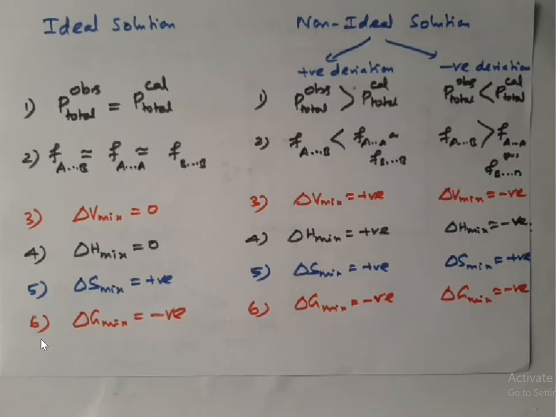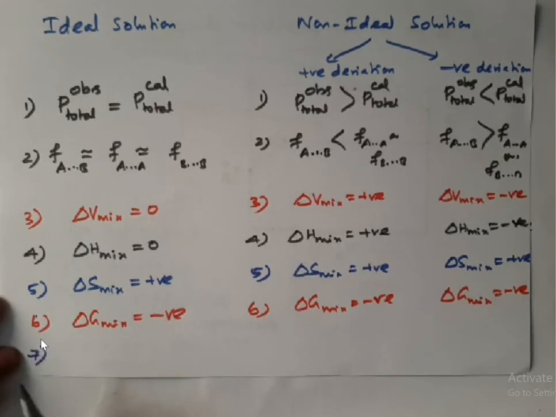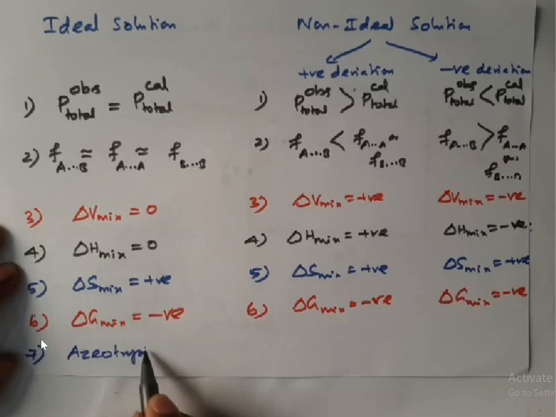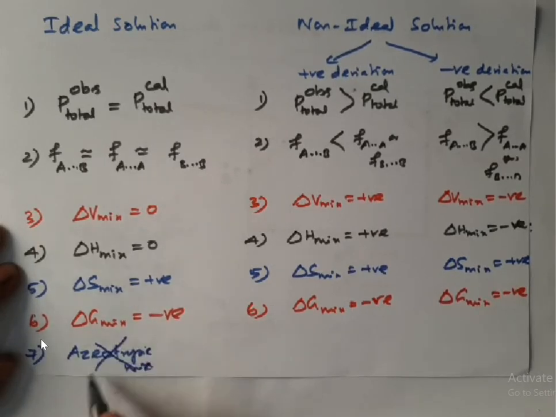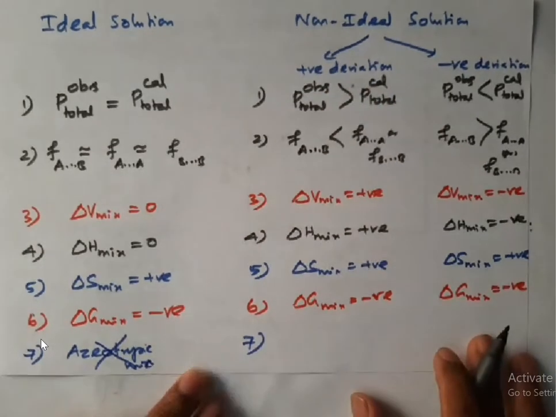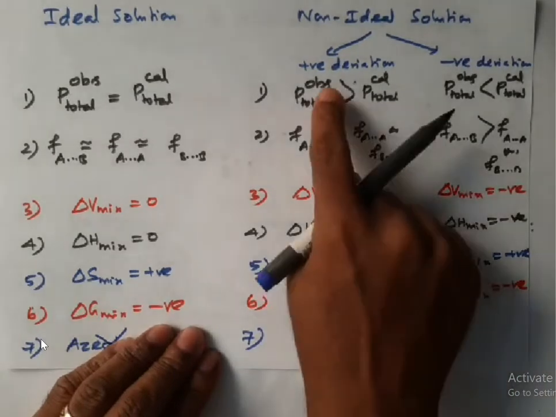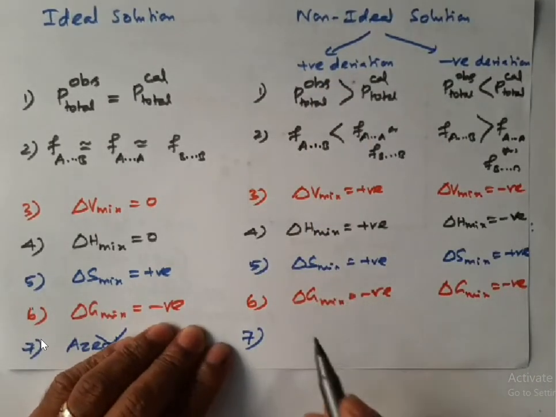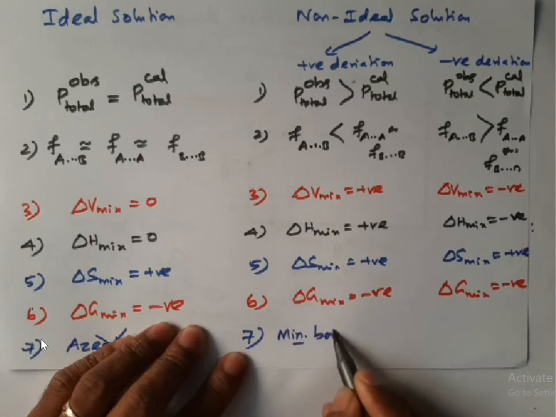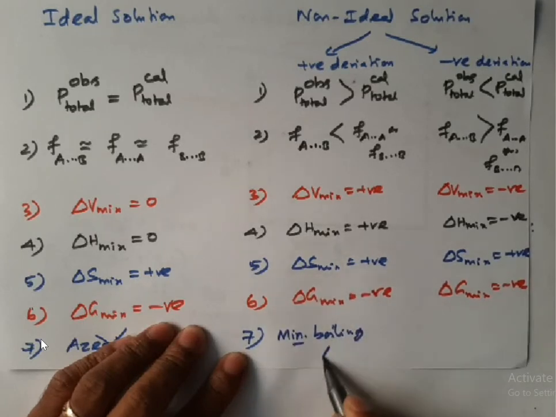And another important point here is ideal solution does not form azeotropic mixture. Now only non-ideal solution forms azeotropic mixture, and non-ideal solution showing positive deviation will give minimum boiling azeotropic mixture. I'll put simply AM.